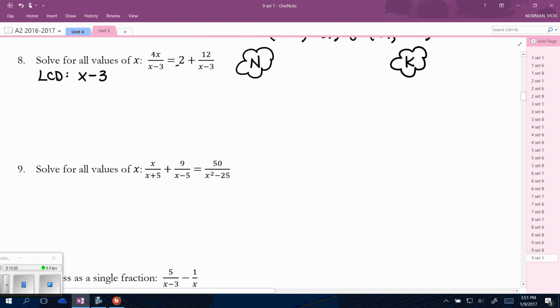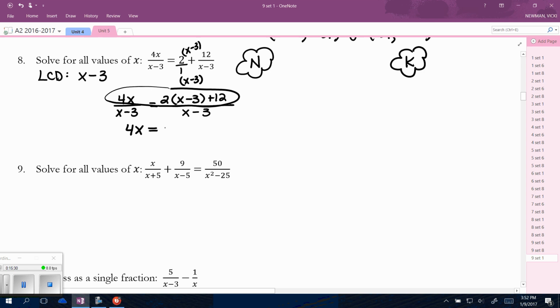So Newman, you need a denominator of x minus 3. The only one that doesn't have it is the 2. So you're going to get an x minus 3 there. So you have 4x over x minus 3 is equal to 2(x minus 3) plus 12 over x minus 3. So go ahead and set the tops equal. 4x is equal to 2x minus 6 plus 12.